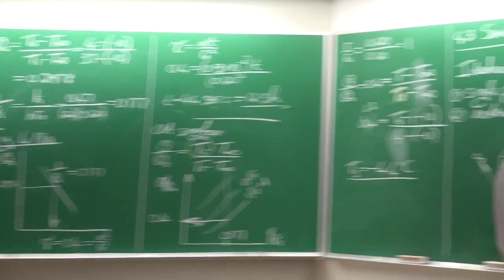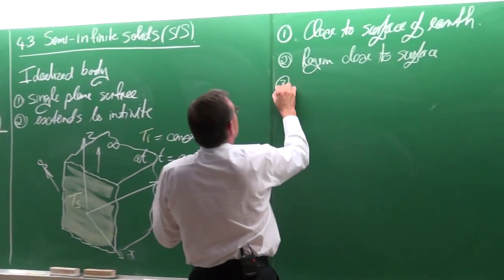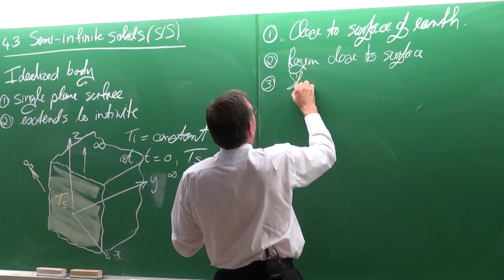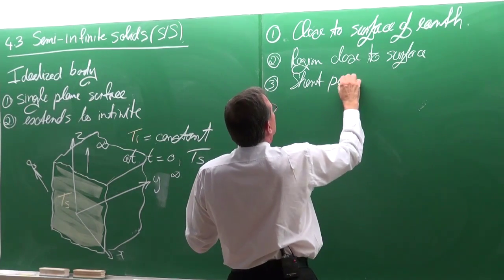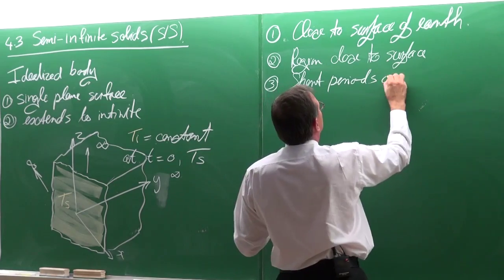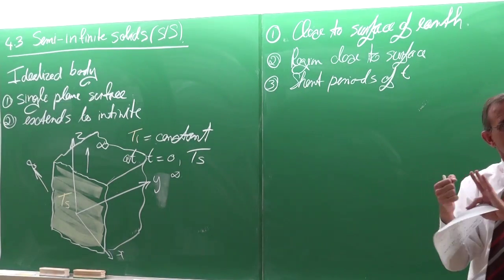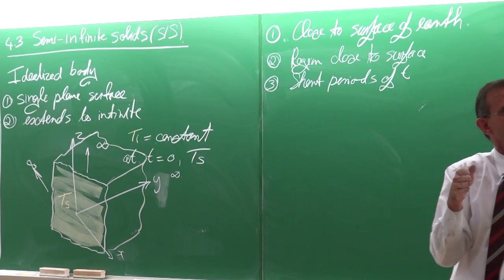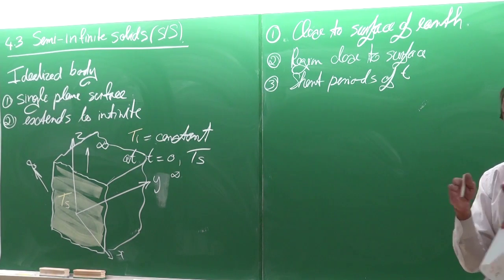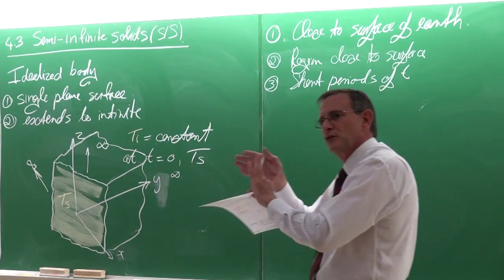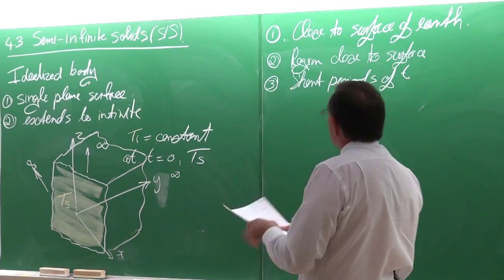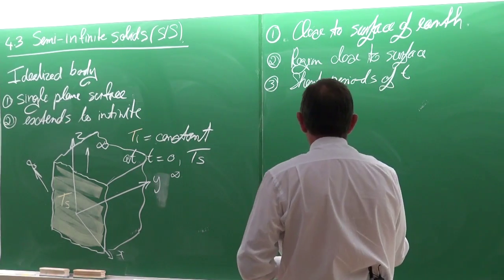And then thirdly, when we have short periods of time, so again, the wall, when we have it change very quickly and we just want to know the first few seconds of what happened.